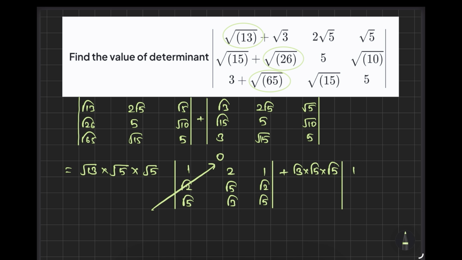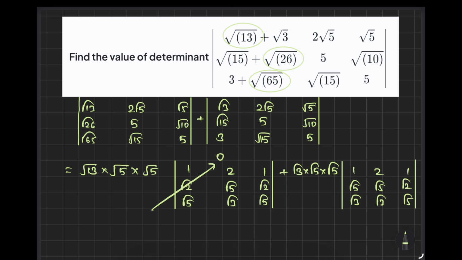Root 3, so it is 1, root 5, root 3, and root 5 we have taken common, so 2, root 5, root 3. And root 5 we have taken common, 1, root 2, and root 5. I hope till this part you guys are okay.